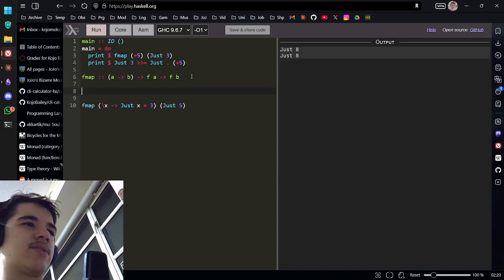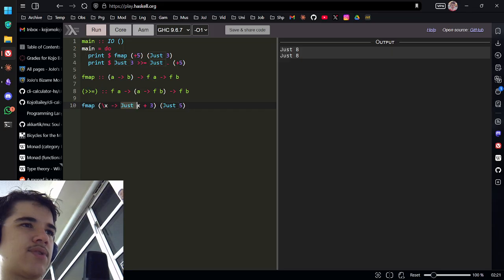So I think what I just did, like this, is defined as A to F B, and it takes an F of A and returns F of B. Except it's the other way around, right?